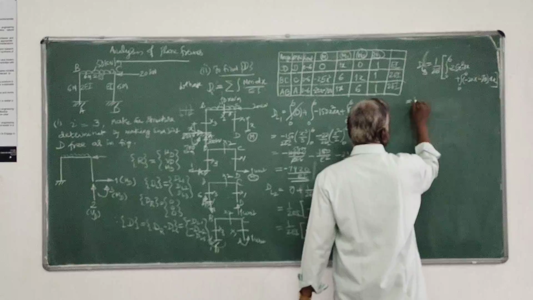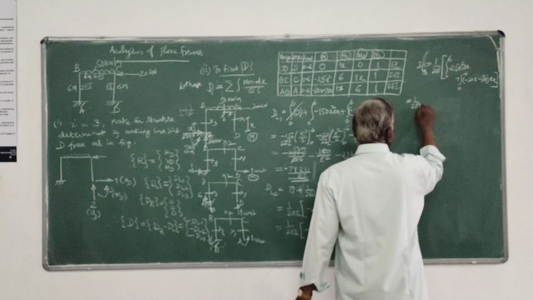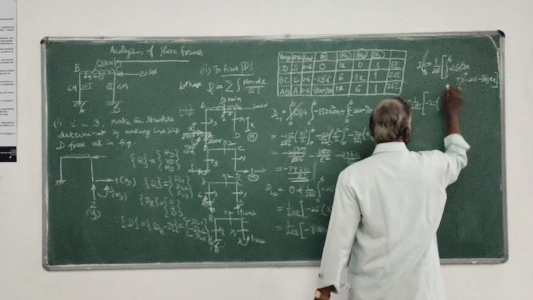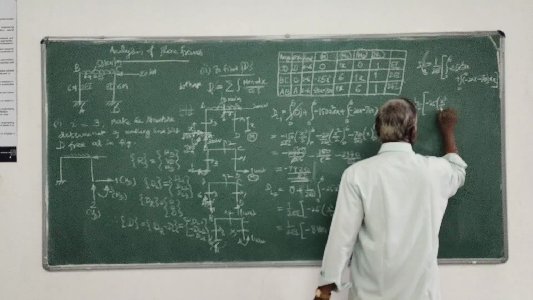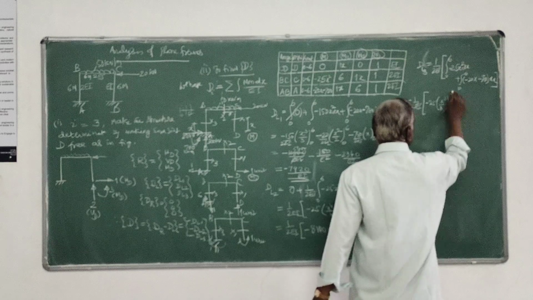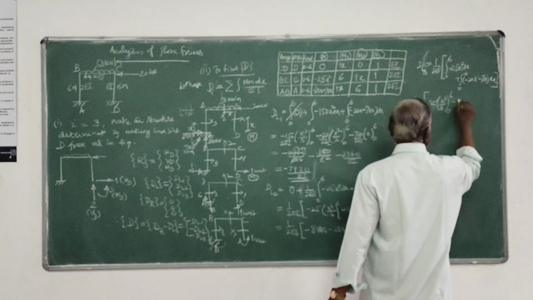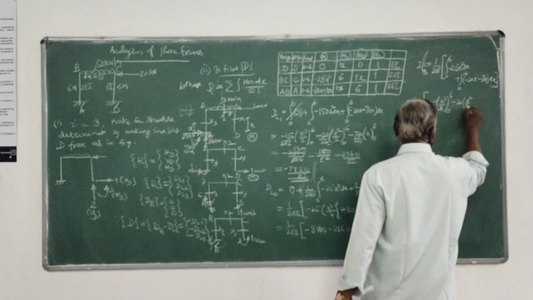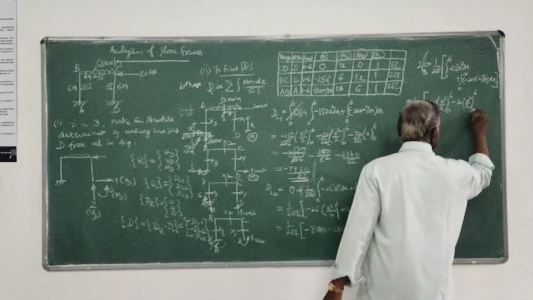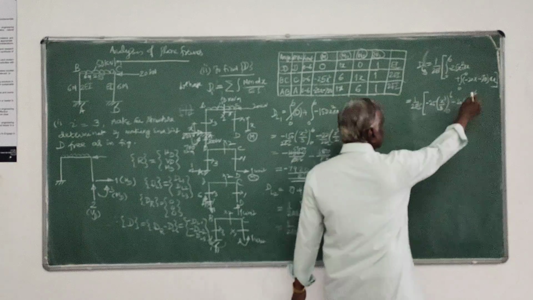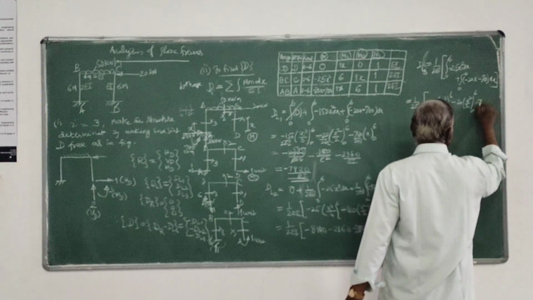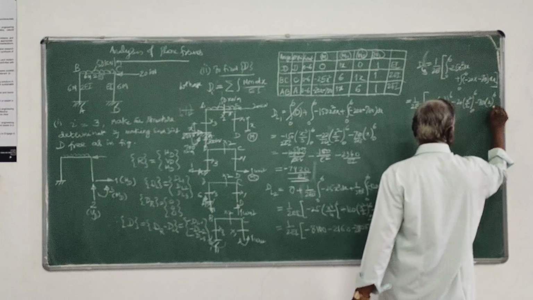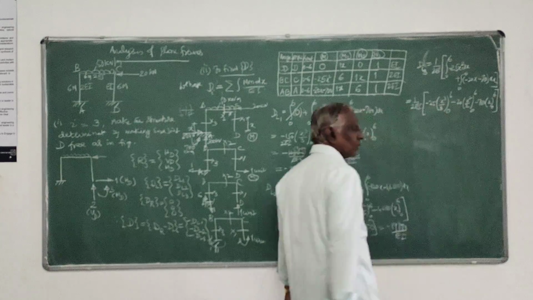You can simplify. It is equal to 1 over 2EI, minus 25 x cubed by 3 limits 6 to 0, then minus 20 into integral x dx, it is x squared by 2 limits 6 to 0. Here it is minus 780 integral dx, it is x limits 6 to 0.